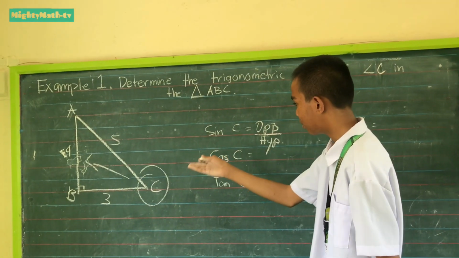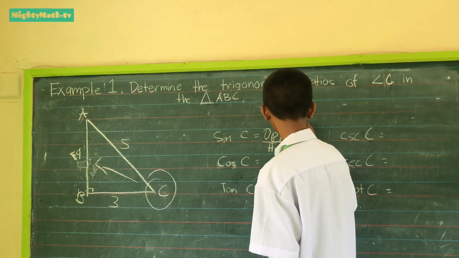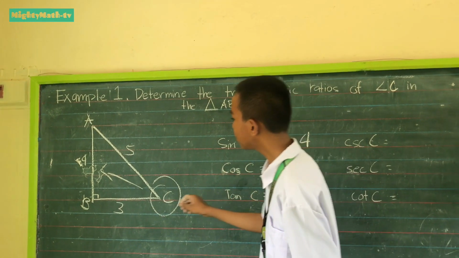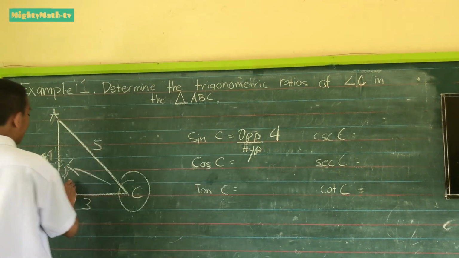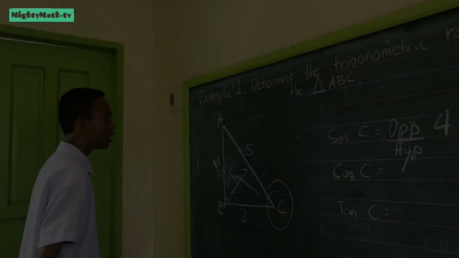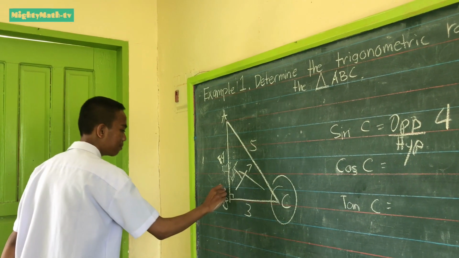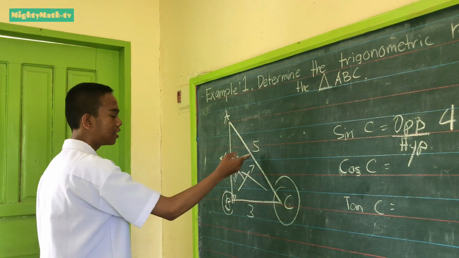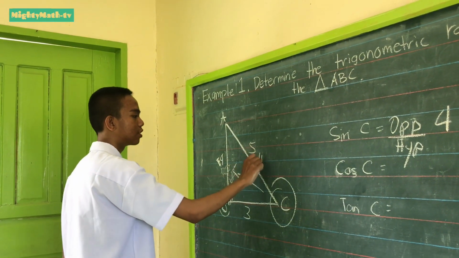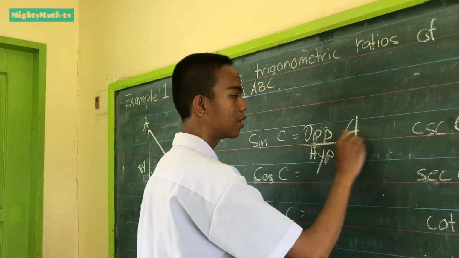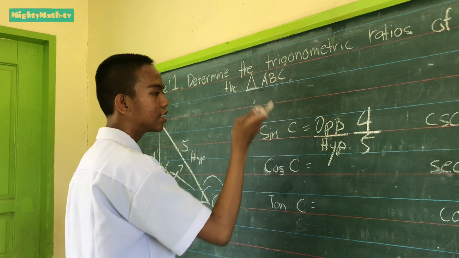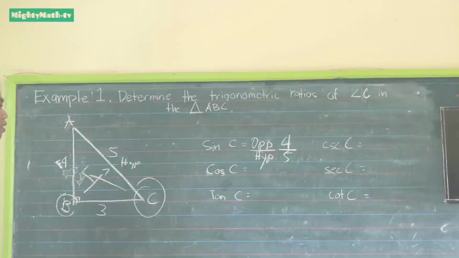The opposite is 4 and the hypotenuse is 5 because it is directly in front of the right angle. At right angle B, its opposite side is the hypotenuse, which is 5. Now our sine is 4 over 5.